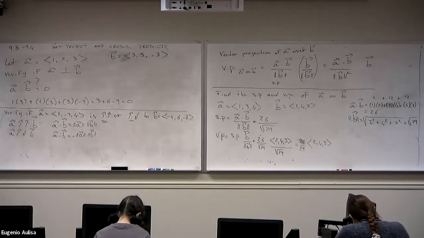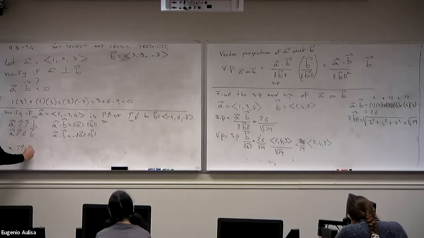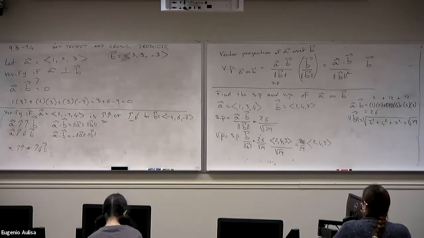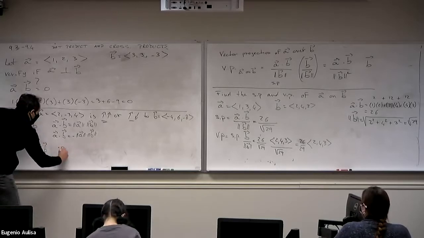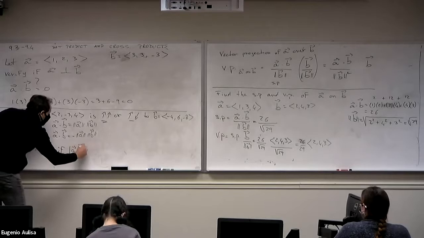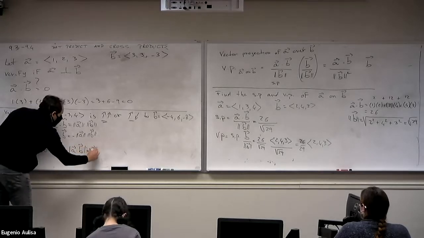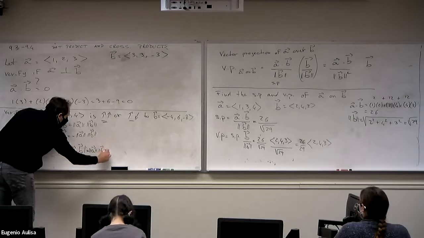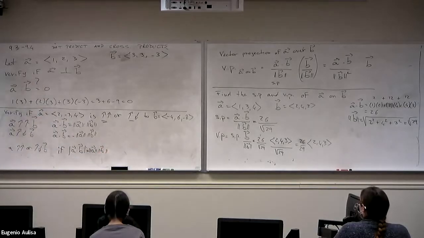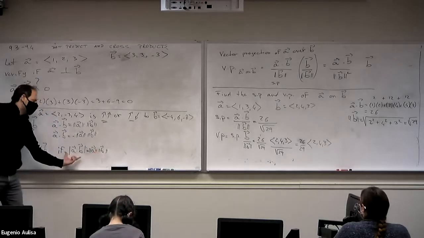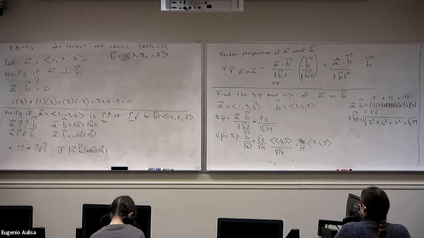So if you want to put this together, you can say that A is parallel or antiparallel to B if the absolute value of A dot B is equal to the length of A times the length of B. Okay, so the right hand side is always positive, so you need something to make the left hand side positive, the absolute value of A dot B. Okay?